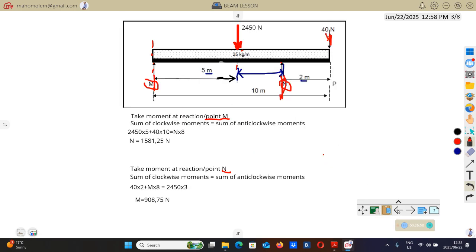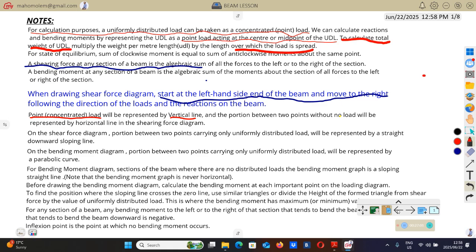Then remember, let's go back to the notes. When you read here on the shear force diagram, the portion between two points, M and N, has the UDL. If you have a UDL, then on the shear force diagram it will be represented by a downward sloping line.